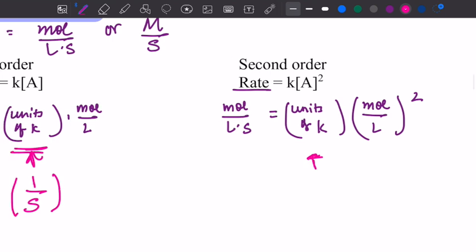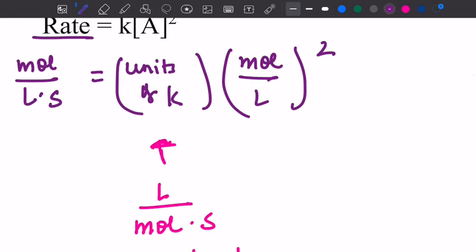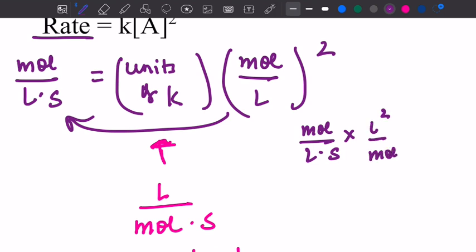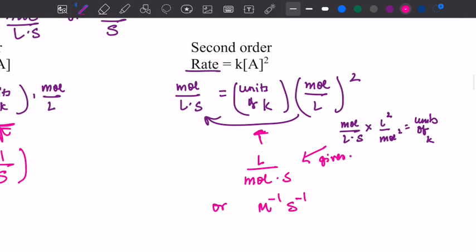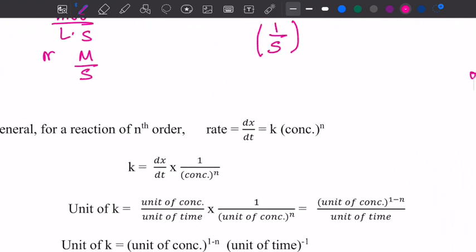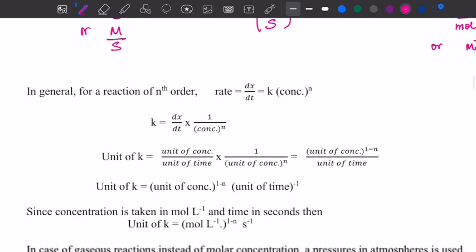So now we are trying to figure out what's the only thing that works for the units of K. So we are sort of reverse figuring out the units for the rate constant that would make a second order rate law true. In general, you could come up with a formula for figuring out the units of K for any order.